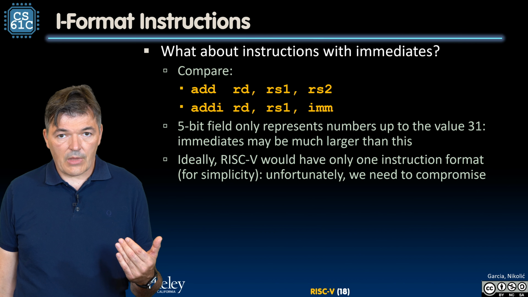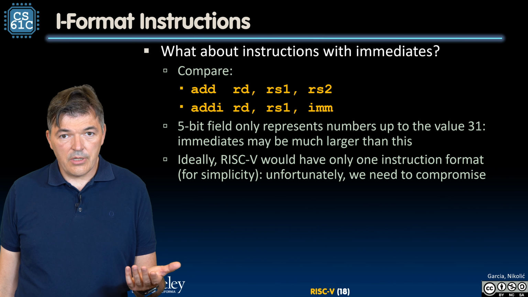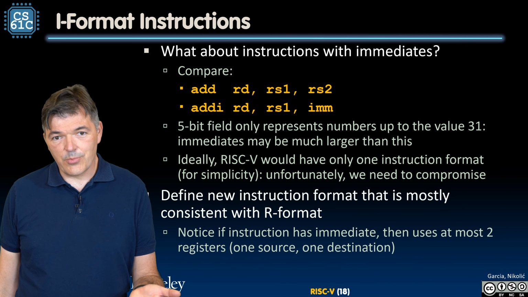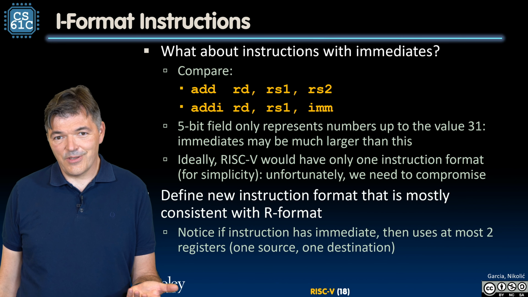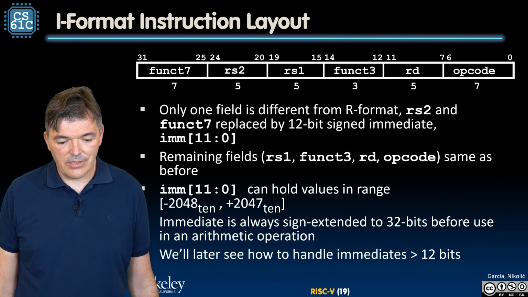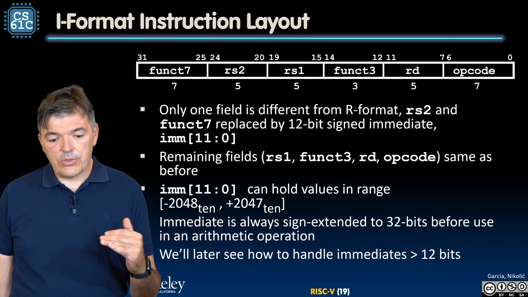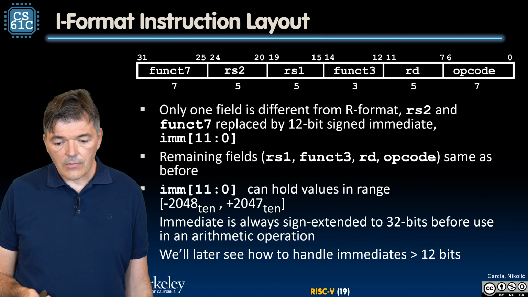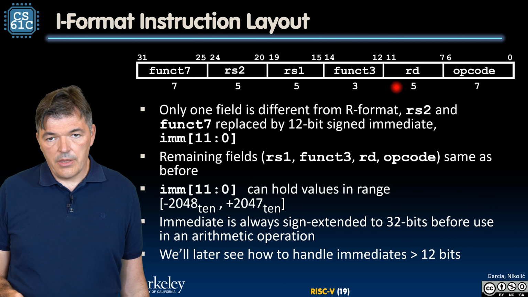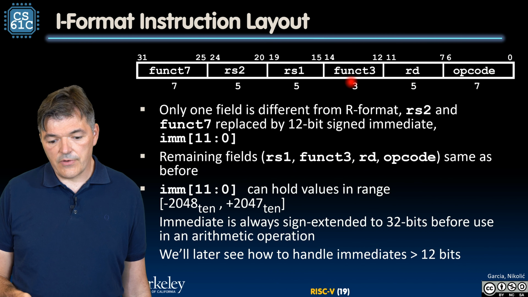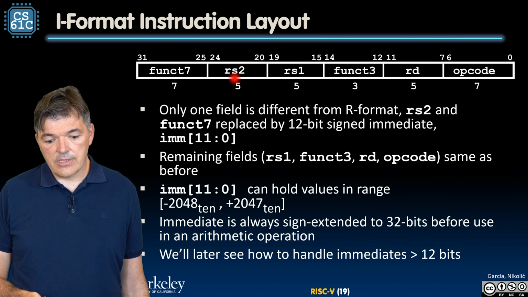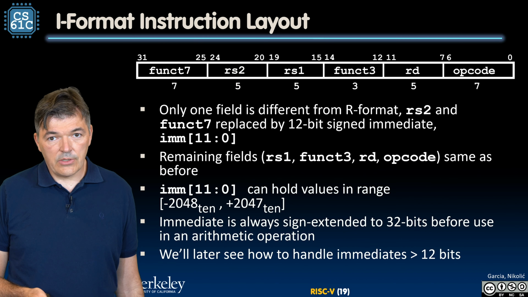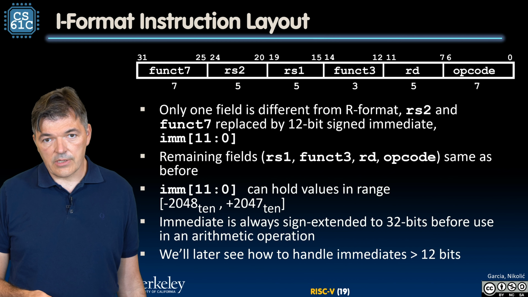So we need to add a new instruction format where we will repurpose other fields in the instruction format. Let's review what we see in the R-type. We have the opcode on the bottom, then 5 bits for the destination register, 3 bits for func3, 5 bits for the RS1 and RS2 fields each, and then the top 7 bits dedicated to the func7 field.